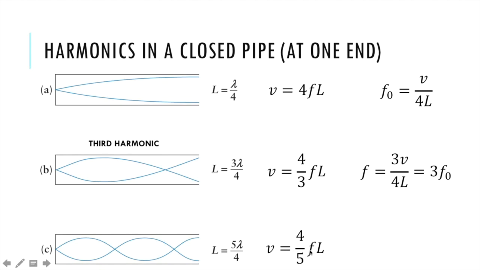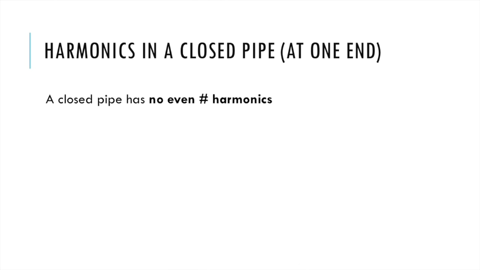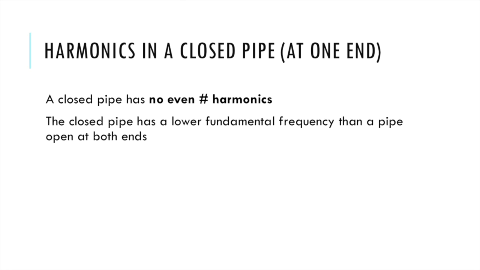We multiply that wavelength by the frequency and get this equation. We solve this equation for frequency, and you see a pattern start to begin where we now have 5 times the fundamental frequency, meaning this is our 5th harmonic. So just like there was no second harmonic, there's no 4th harmonic for a closed pipe. You could draw these all day, the pattern would continue. There are no even number harmonics in a closed pipe. It's not possible to have.